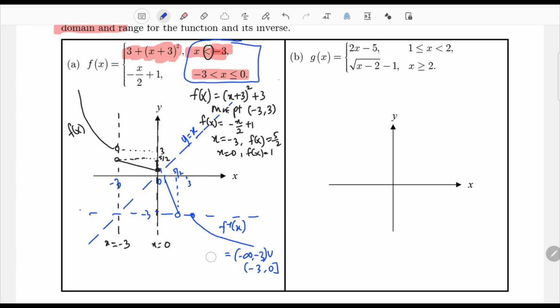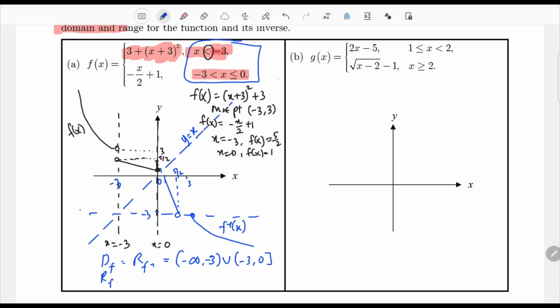Okay, let's write it again. Domain of f, range of f inverse, that will be negative infinity to negative 3. At negative 3, there's the empty circle, so that is open bracket. And then union with negative 3 to 0.